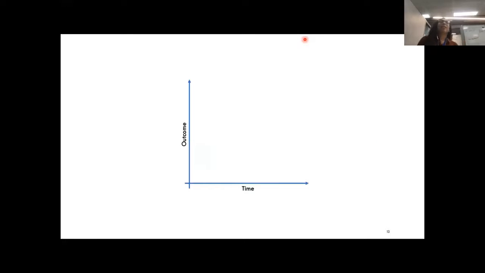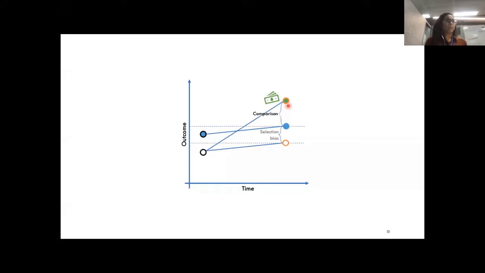Another way of saying the same is we know this is the change over time for our participants, and this is the change over time for our non-participants. And if we compare these, there is one bit that is the selection bias.